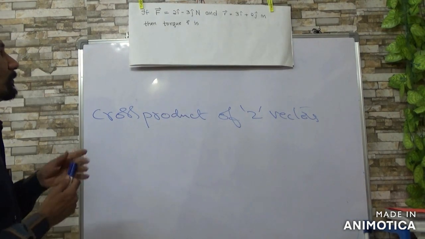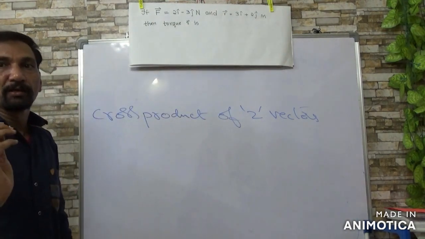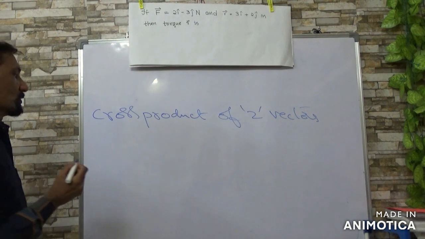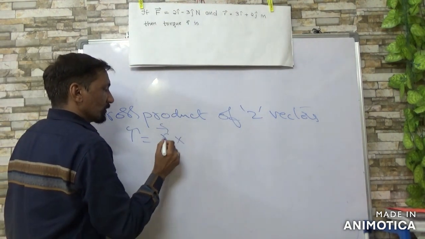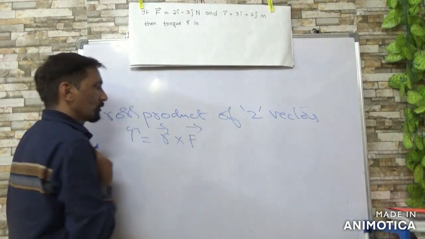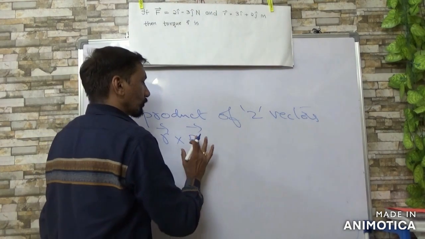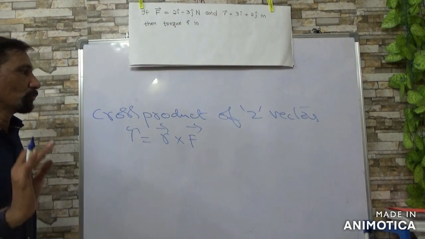In this problem you are given the force and also the position vector. You want to find the torque. Torque is the cross product of position vector and force. Cross product will always give us a vector quantity.